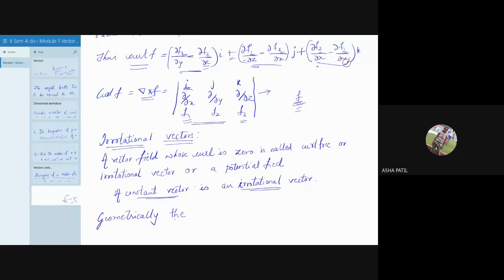And this curl, what does it represent geometrically?